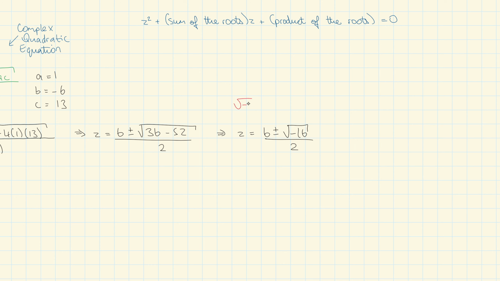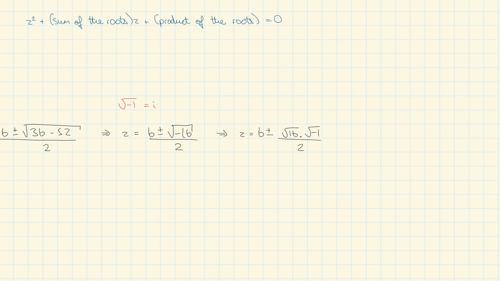Now we know that root of minus 1 is equal to i, so we're going to rewrite this as z is equal to 6 plus or minus root 16 multiplied by root minus 1, all over 2. Root 16 is 4, root minus 1 is i, over 2.